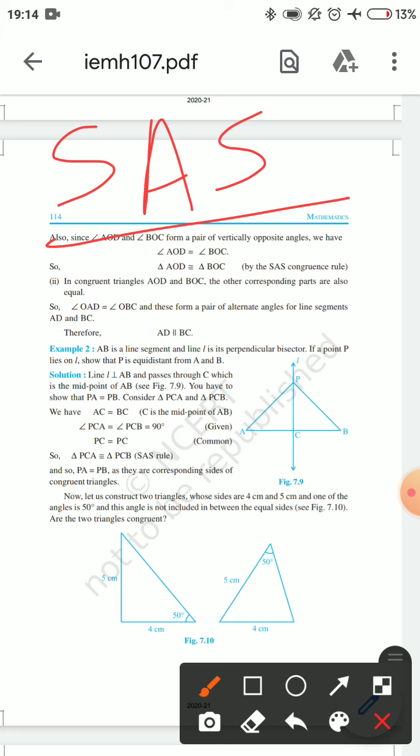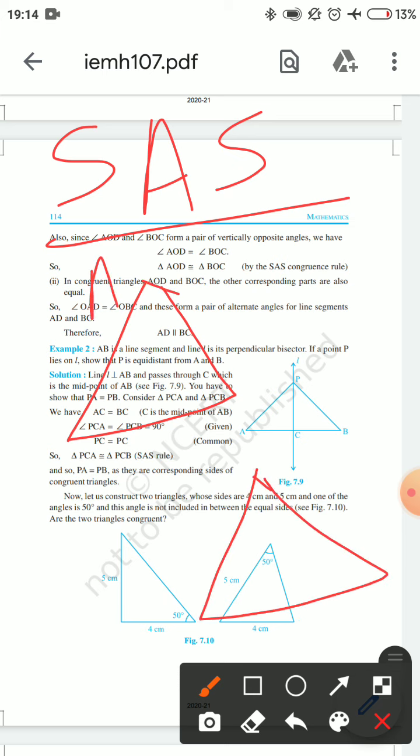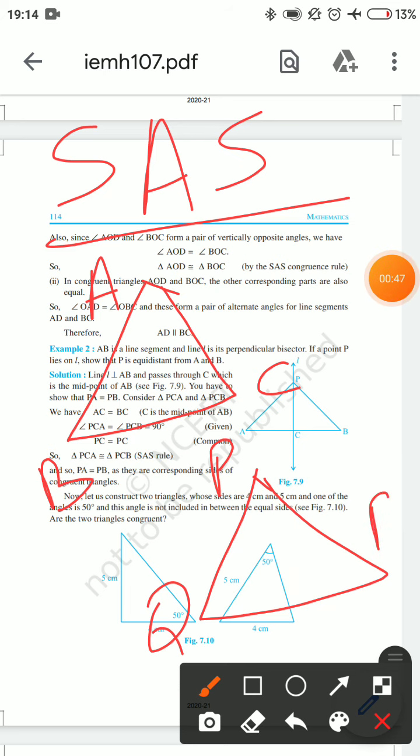So what this rule says is that suppose you are given two triangles. This one is triangle ABC, and this one is triangle PQR, right? These two triangles will be congruent if the side AB is equal to side PQ, this angle ABC is equal to angle PQR, and the side BC is equal to the side QR.